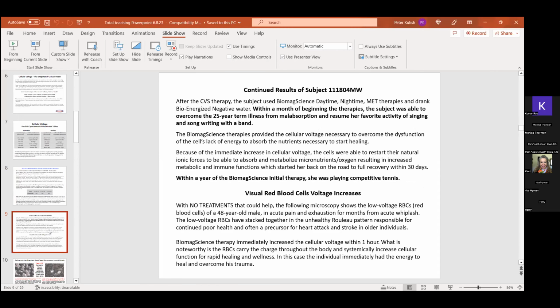So that enabled her to start healing. And I'll tell you what, we did the daytime therapy with her, the nighttime therapy. We hadn't developed the organ group energizing therapy at the time, but we did the meridian energy therapy, which is a therapy where you put the magnets at each point on the hands, the feet, and the top of the head, and it energizes the whole body and balances it.